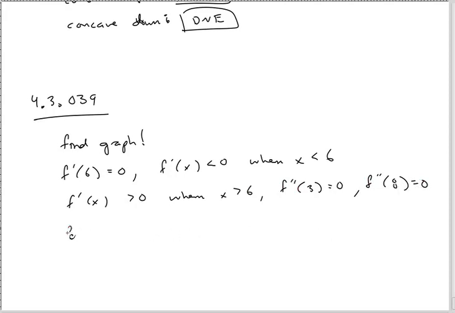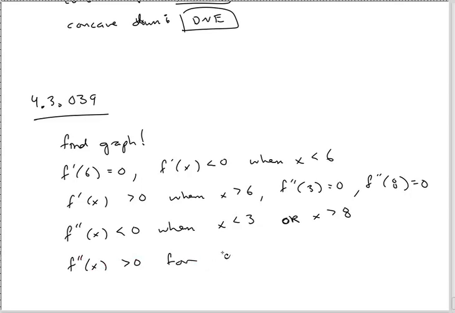F double prime of x is less than 0 when x is less than 3 or x is more than 8. And f double prime of x is more than 0 for the interval 3 to 8.